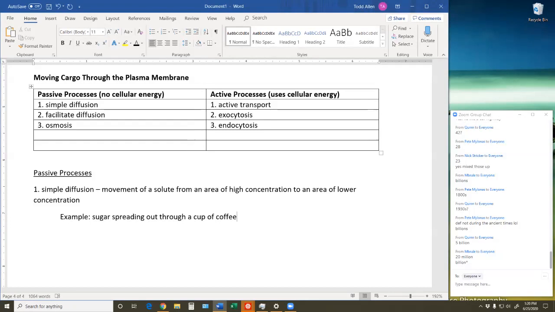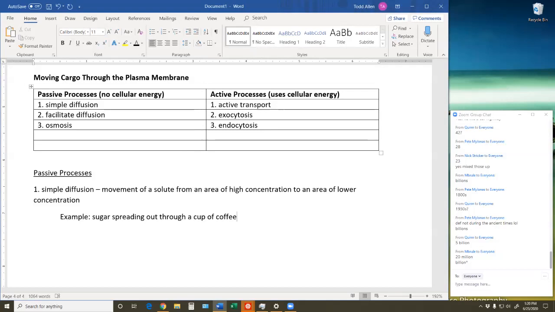Notice that simple diffusion in my example can happen whether cells are present or not, right? We don't expect or want any cells in our coffee. Simple diffusion is simply something that happens with a solute that's in water. That's what it is.